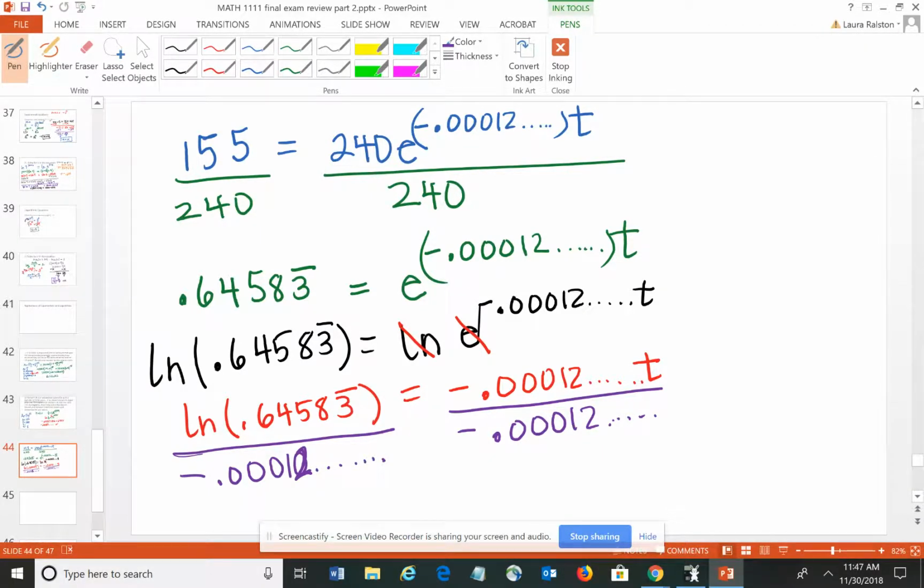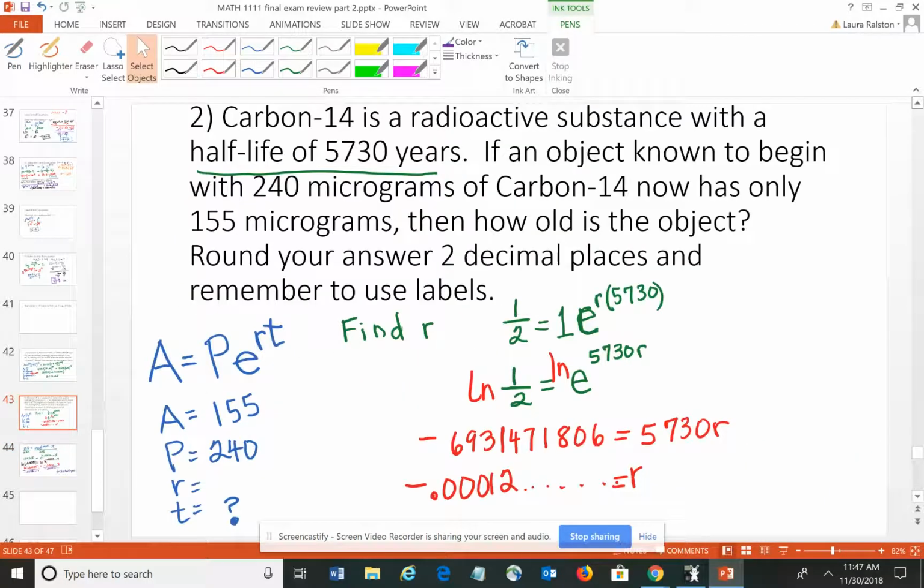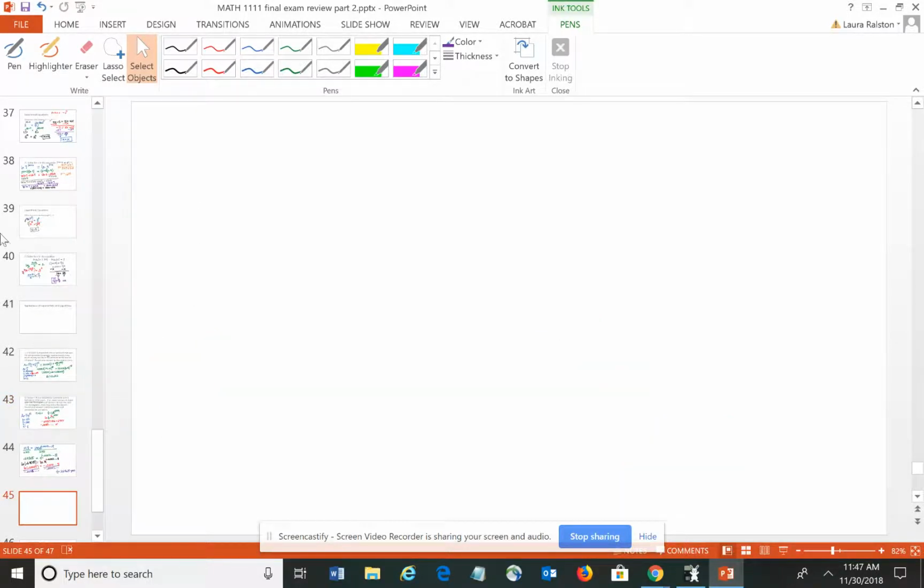So the answer here is T equals 3,614.29 years. I do want you to put in the units, and it's years because if you go back and look at the original question, your half-life was in terms of years.